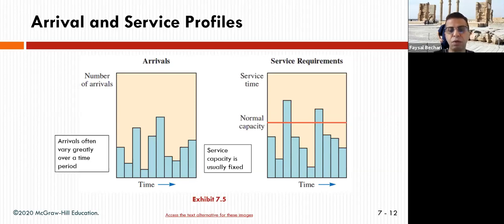But the whole issue comes from the arrivals; the number of arrivals often varies greatly over time. In big stores, they have counting devices that count the people coming in and going out, and how long they're staying. So it tells you the arrival times and the number of people. But you notice that the capacity is standard.